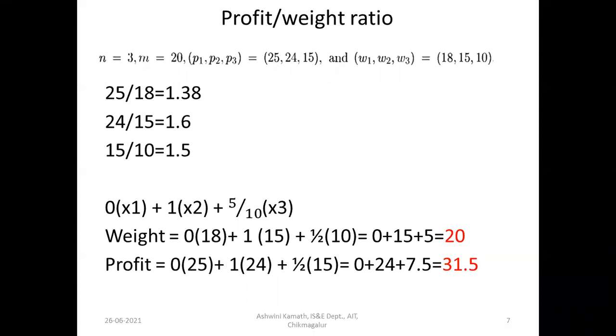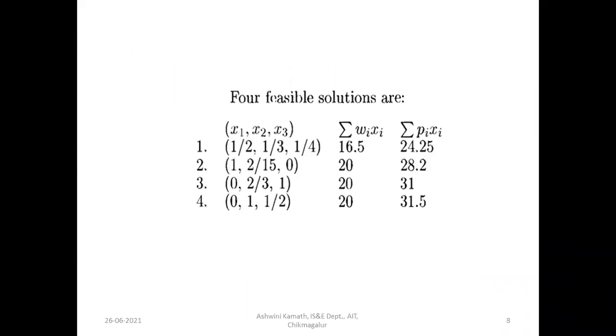So you can notice that from this last method, profit weight ratio, we are earning the maximum profit. In the first method, we have considered some fraction, and we earned 24.25. From the second method, highest profit item added first, we are getting 28.2.